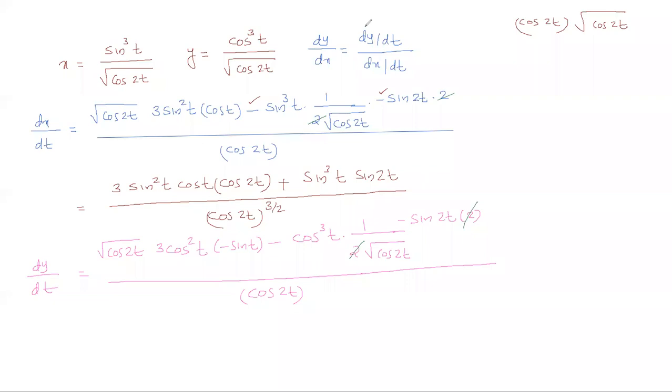So it will become minus is there, 3 cos square t sin t into cos 2t, minus into minus becomes plus, cos cube t into sin 2t, the whole divided by under root cos 2t, which goes to the denominator. Same logic we applied above, it is cos 2t to the power 3 by 2.